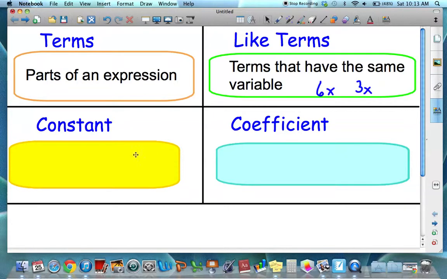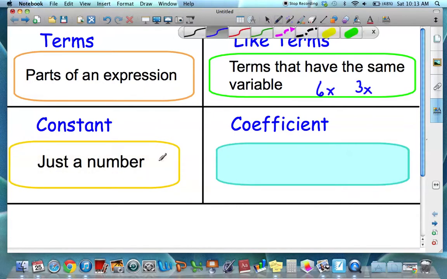Now a constant would be just a number in an expression. So for an example, if I had 6x, and at the end of 6x it had something like plus, why don't we say 4? 4 would be our constant, because it's just a number hanging out.